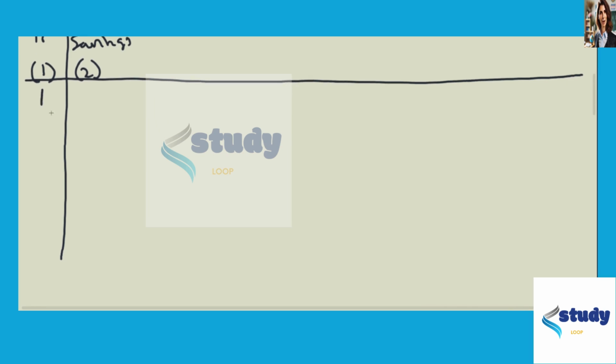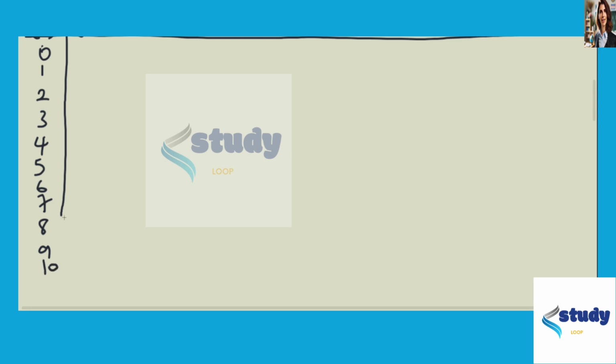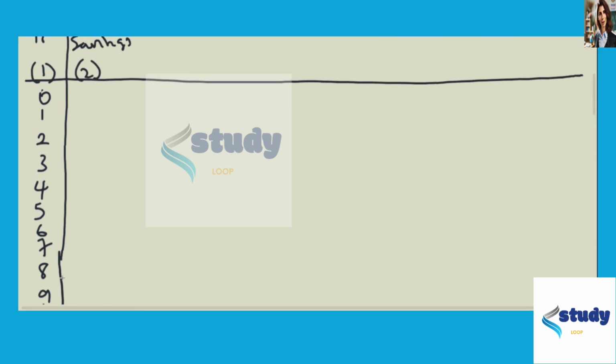So let me number the years from 1 to 10. Actually, from 0 to 10. And then the cash savings, we have 15,000 for every year.